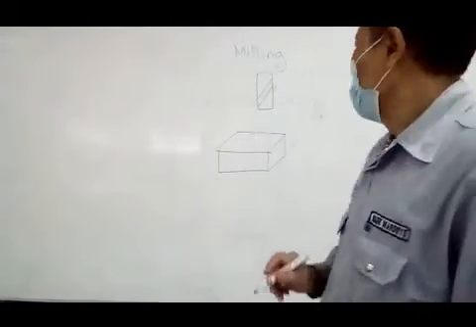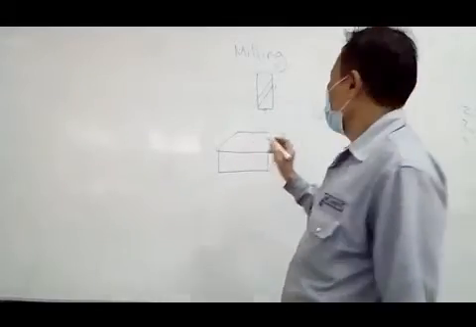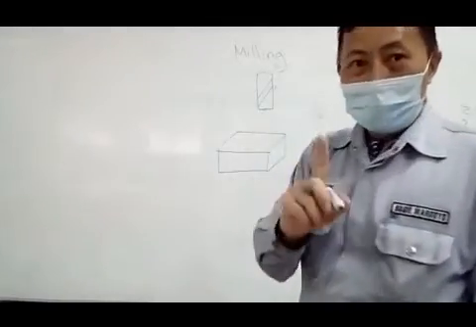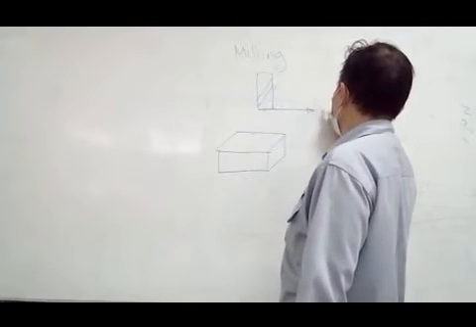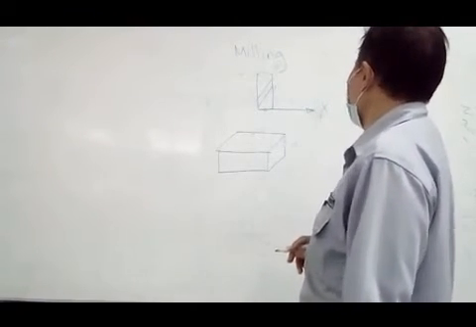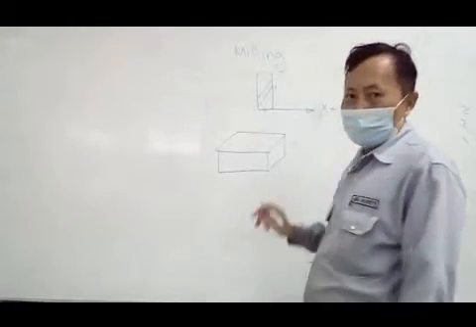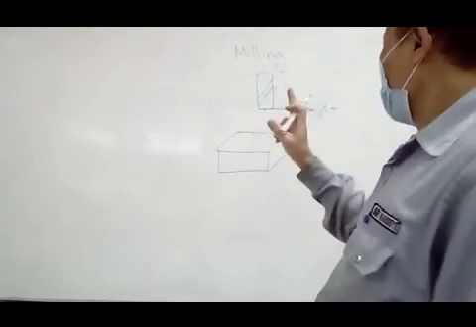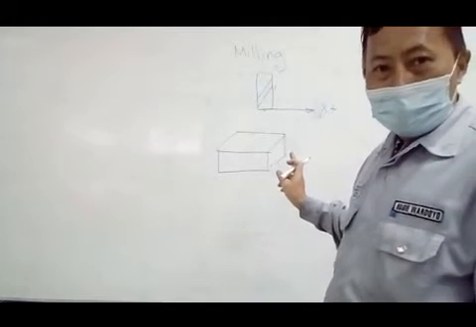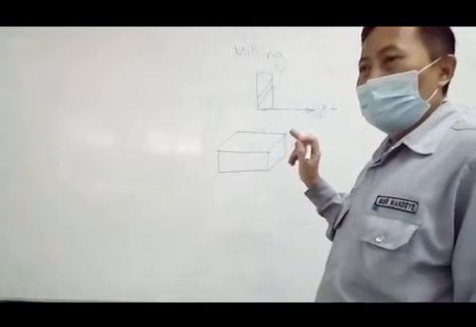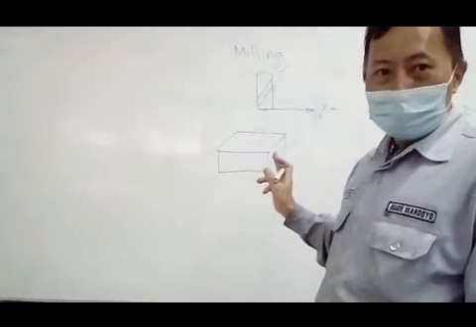So the axis in the milling, when the tool moves to the x direction, we call this x plus. Yeah? The tool go to the right, then we call that is the move in the x direction.